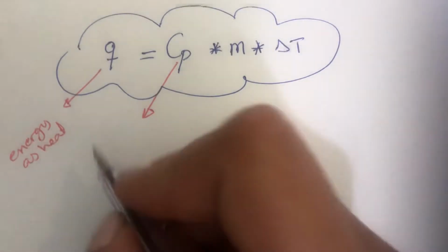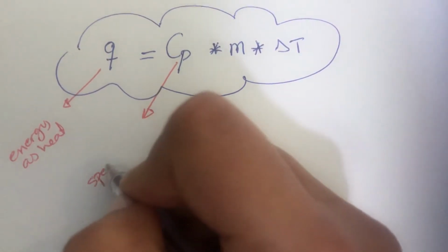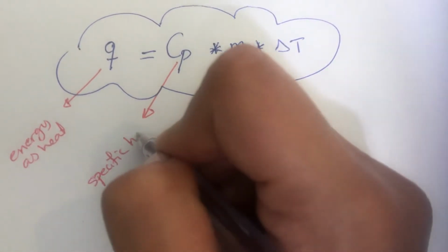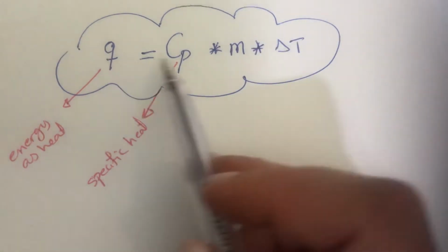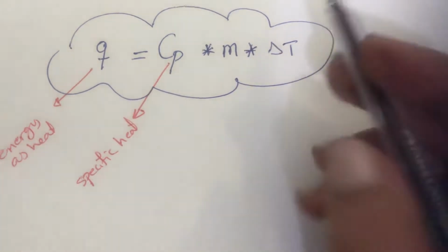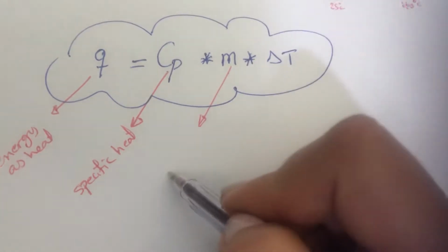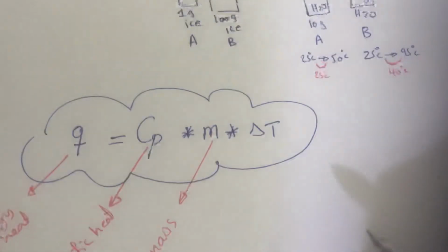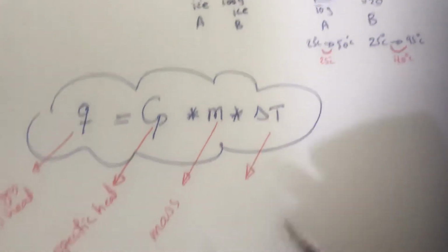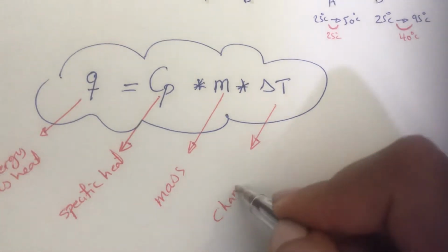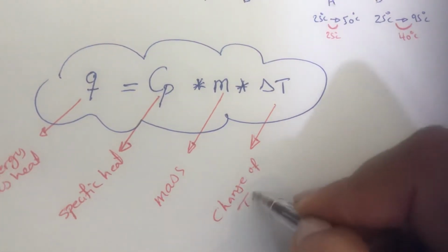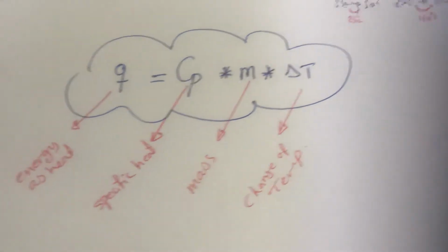So here, specific heat. So energy depends on the nature of the substance, and depends on the mass, and depends on the change of temperature.